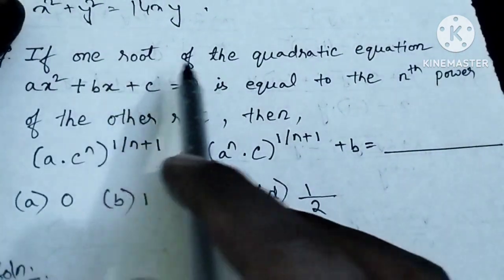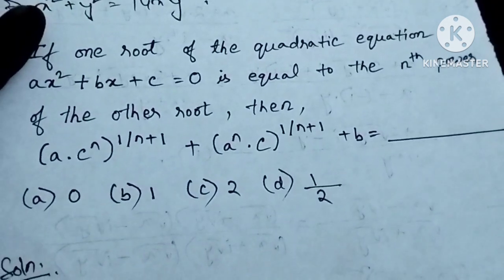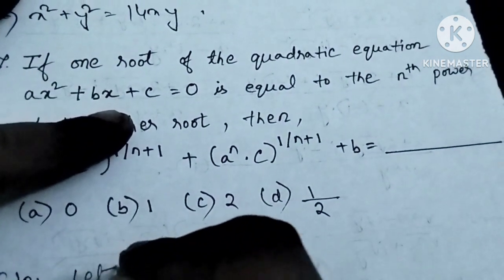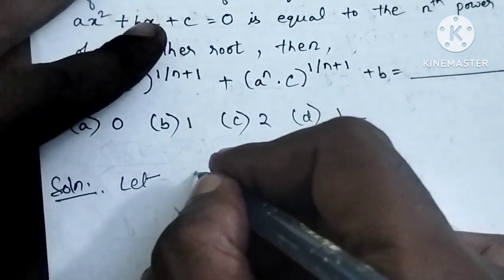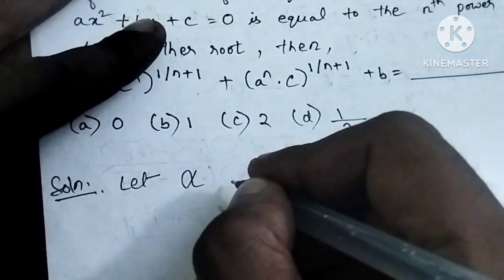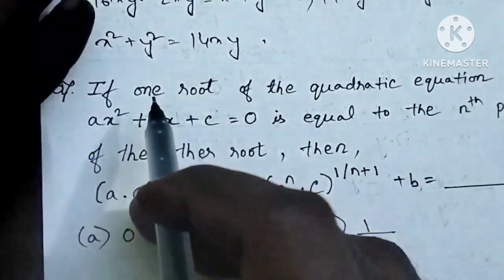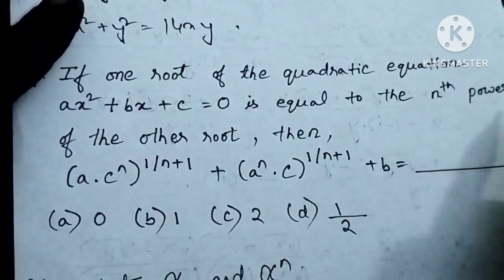One root of this equation is equal to the nth power of the other root. So let us assume that alpha and alpha to the power n. It has been said that one root of the equation is equal to the nth power of the other root.